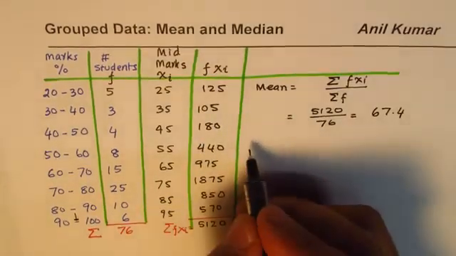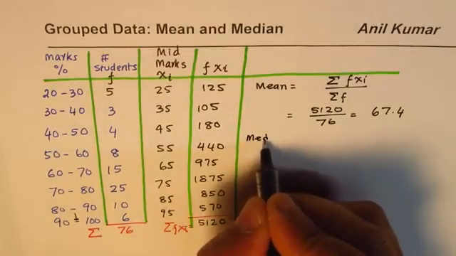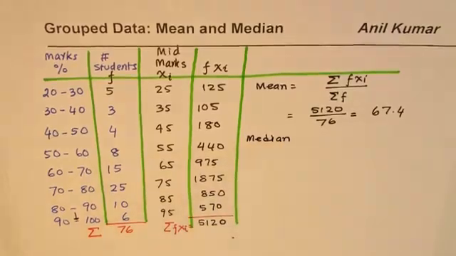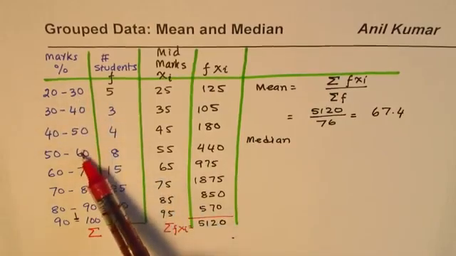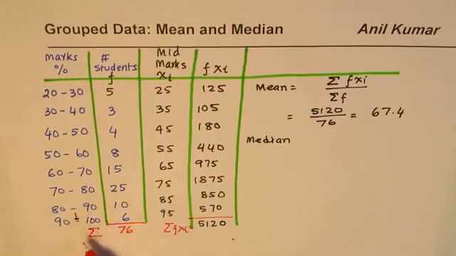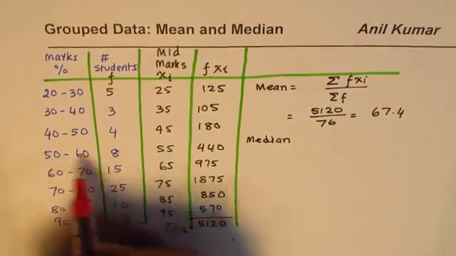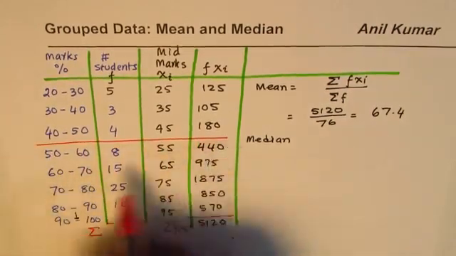Now the question is, how do you find the median? The median will be somewhere in the center. We have 1, 2, 3, 4, 5, 6, 7, 8, which is an even number of groups. So the two groups right in the center will be these two.